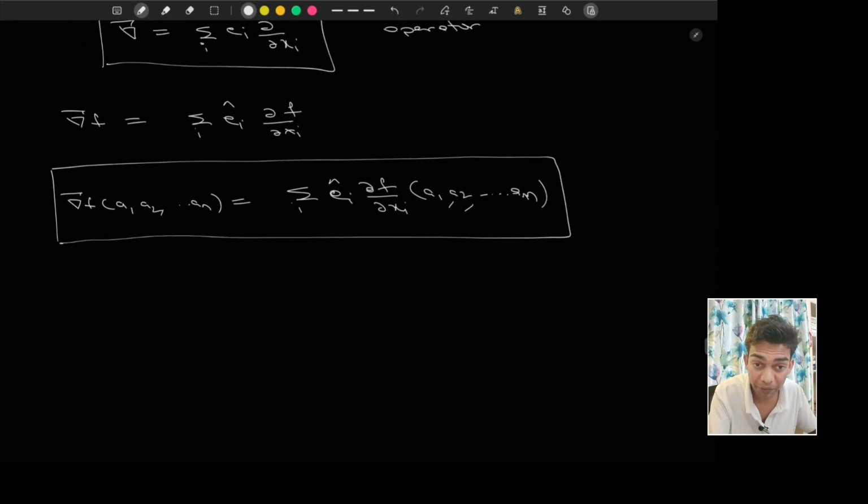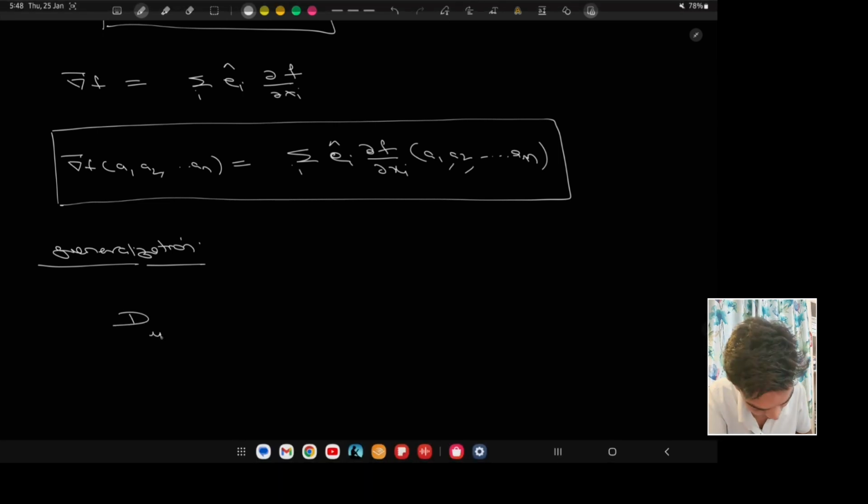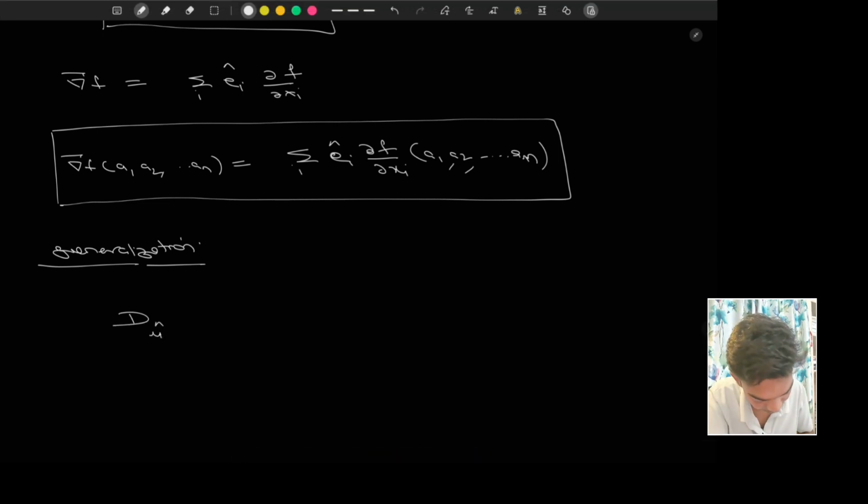You can also generalize the definition of directional derivatives, so that will be the definition of the derivative in n dimensions. The directional derivative in the u direction of the function f at a particular point, let me denote it by a vector a, which means a1, a2 up to an, is nothing but the gradient of f at point a dotted with u.